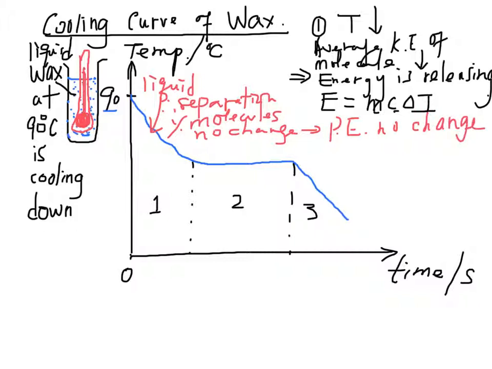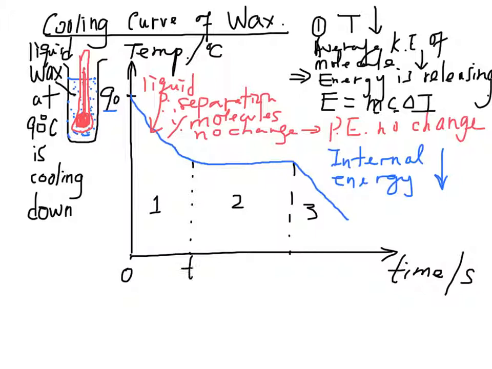However, the internal energy of the wax is the sum of potential energy plus kinetic energy. Therefore, the internal energy of the wax in region 1, when it is cooling down, decreases.